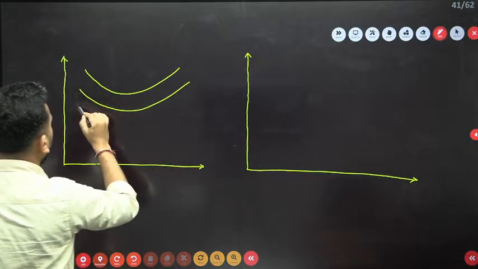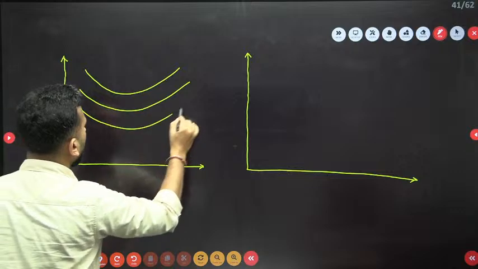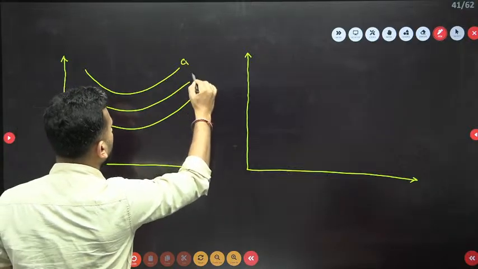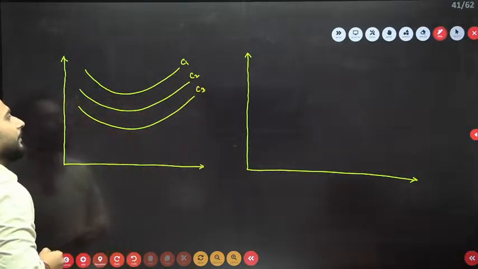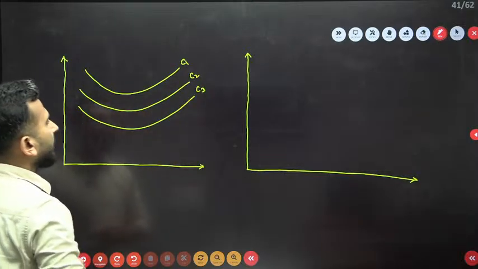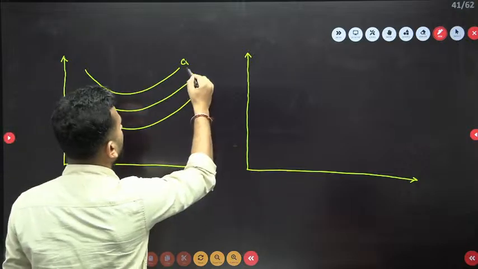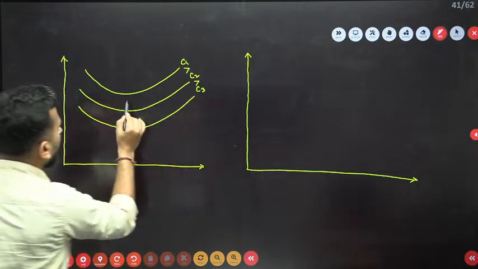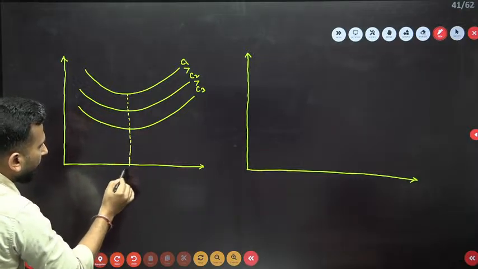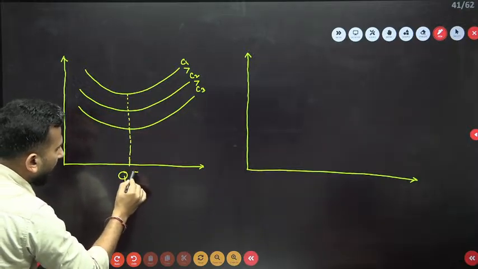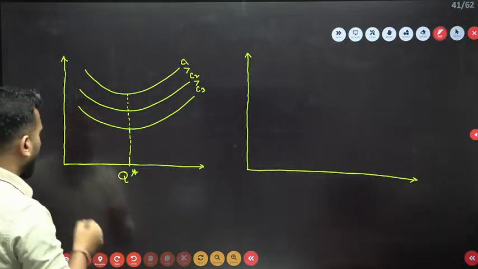Let us say this is C1, this is C2, and this is C3. Obviously C1 is greater than C2 is greater than C3. So clearly you can see that I have maintained the same level for your Q star or EOQ. Why? Because I am assuming CH is constant.